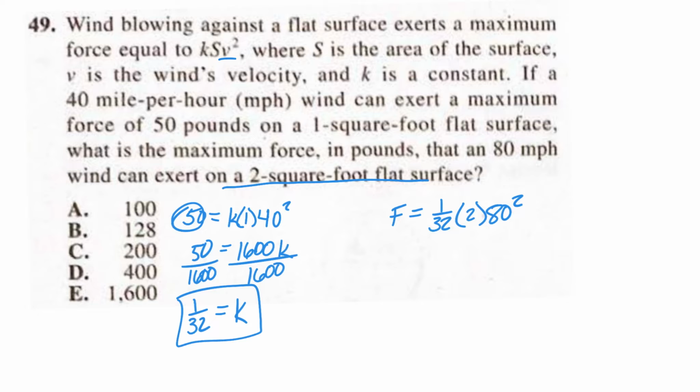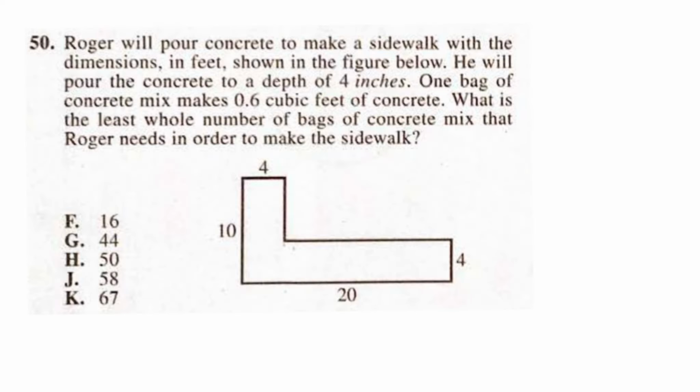So we put all of this into our calculator. When we put that all into our calculator, we get a value of 400, which is our answer D.